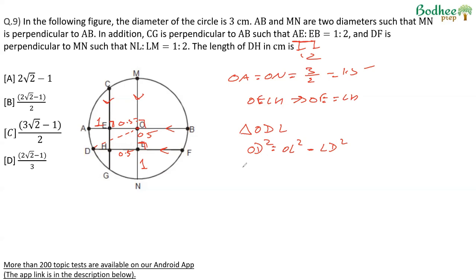OD square will be OD, the radius, 3 by 2 whole square. OL square I'm writing as 1 by 2 whole square plus LD square, Pythagoras theorem. Therefore, LD square will be 9 by 4 minus 1 by 4.